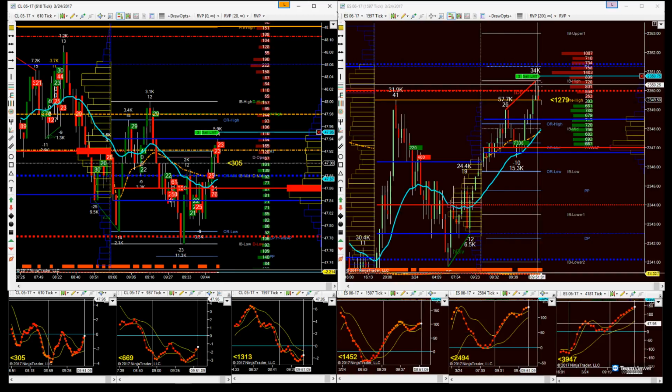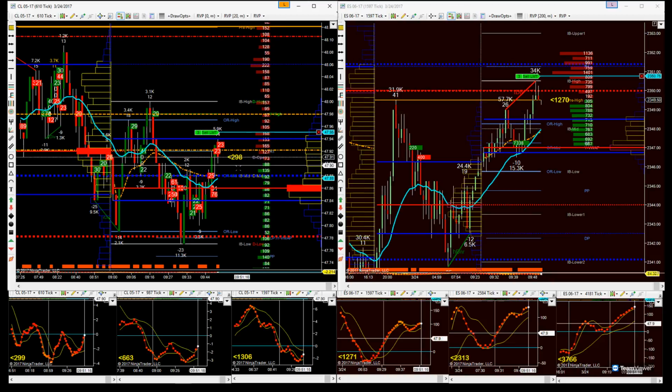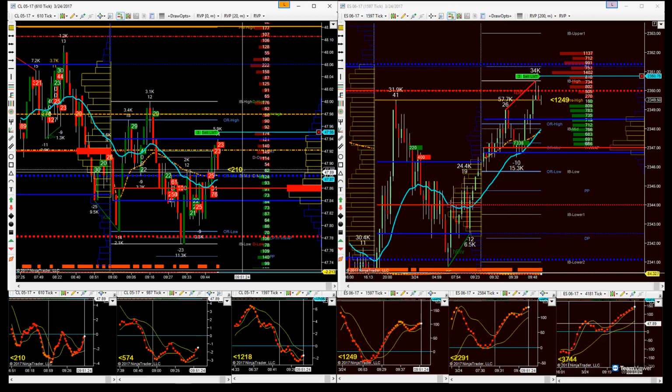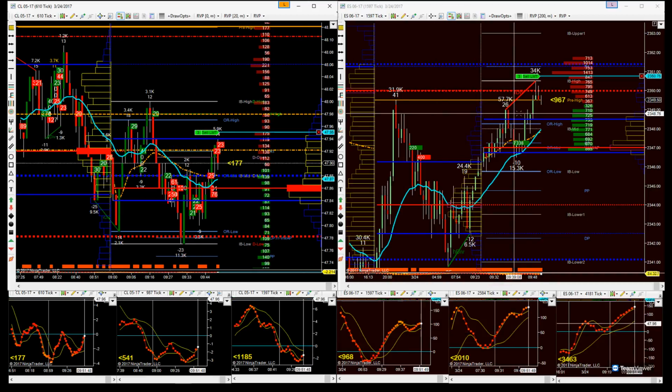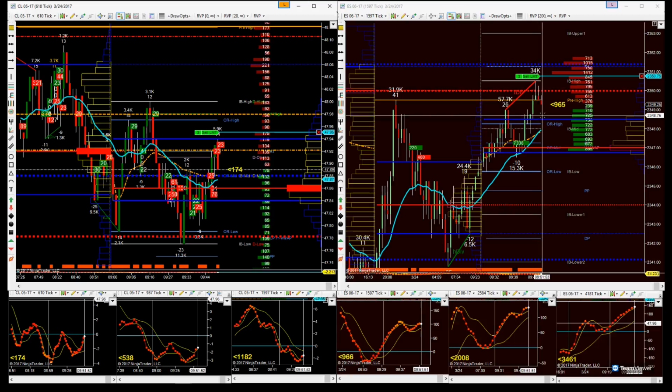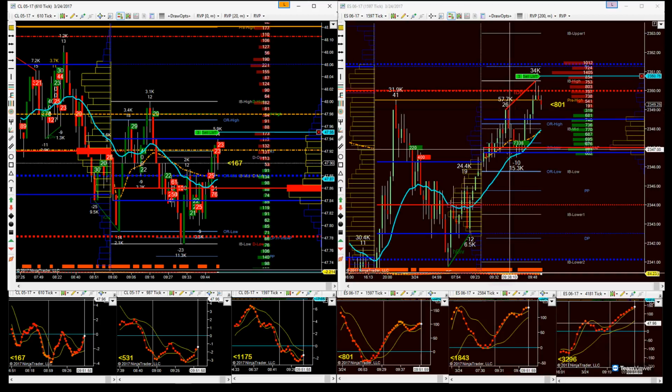Looks like we missed our entry by a tick on both of them. Got missed on these trades twice today.